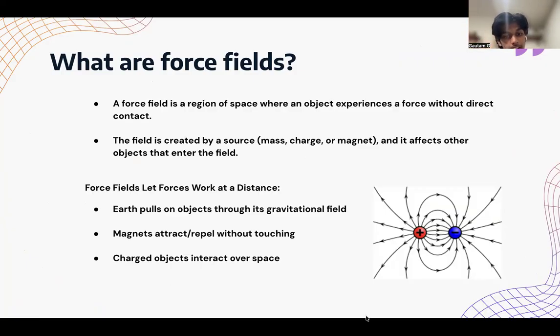Have you heard of a magnetic force field? If you take two magnets, one north and one south, each of these has a magnetic force field that gets applied to each side.